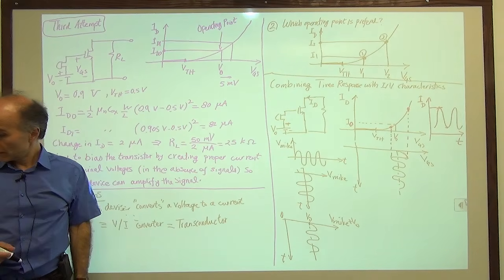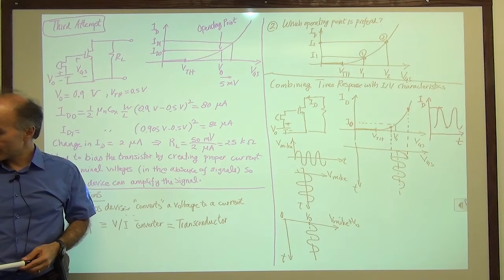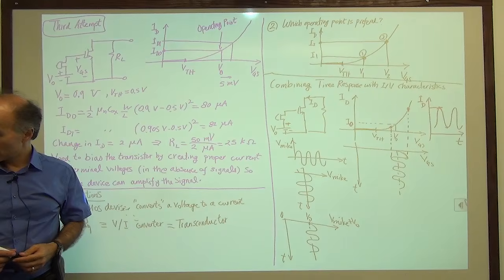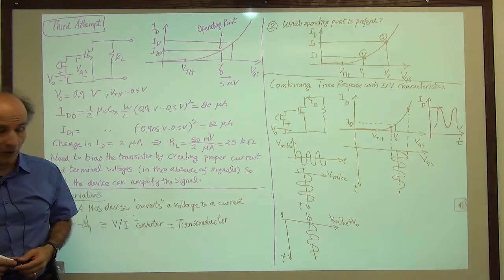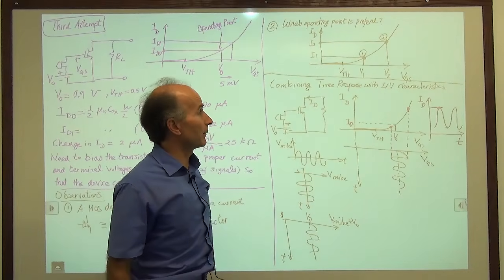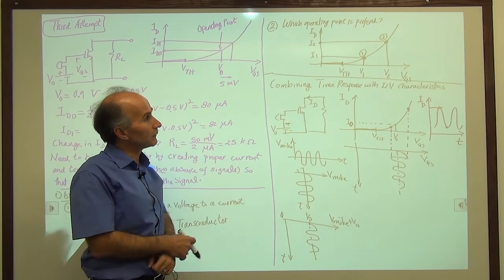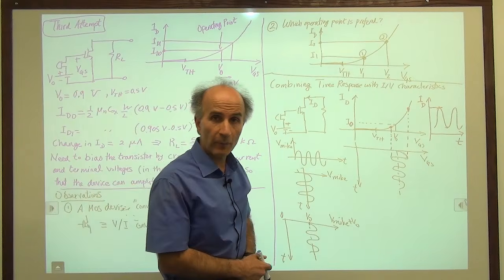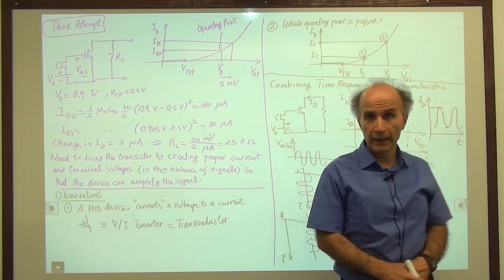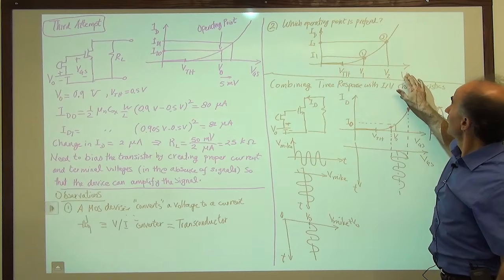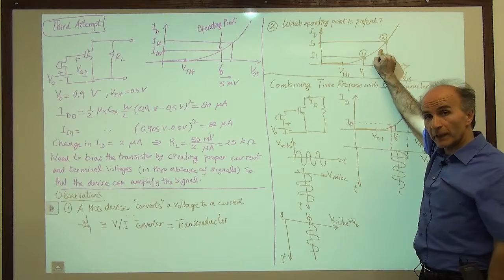Okay, let's talk about one more interesting concept today, which is critical in everything that we do from now on. And for that, I would like to go back to this example that I showed you before. We said that the second operating point is preferable because this characteristic has a higher slope here.